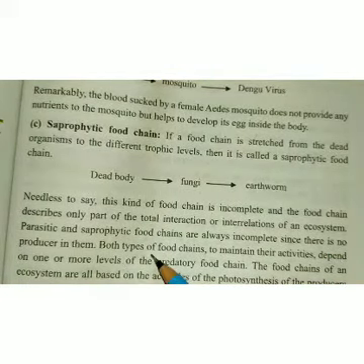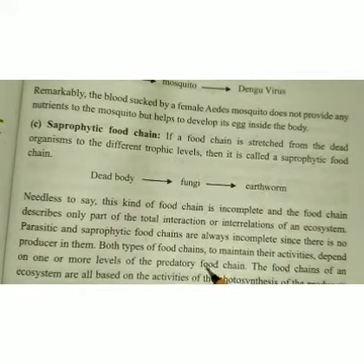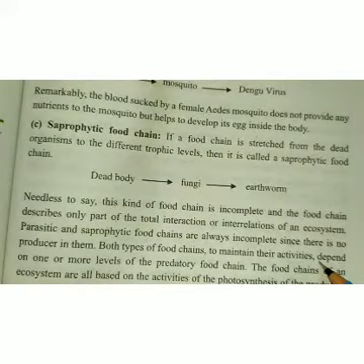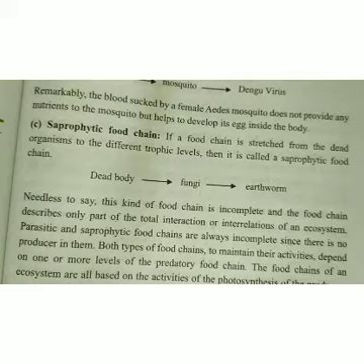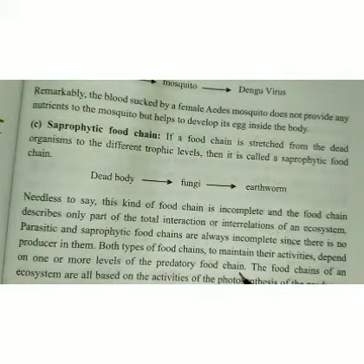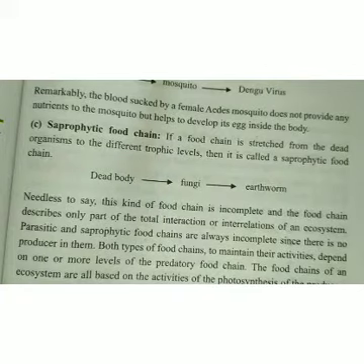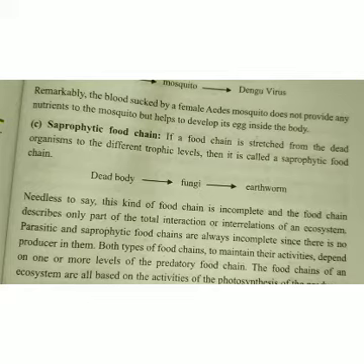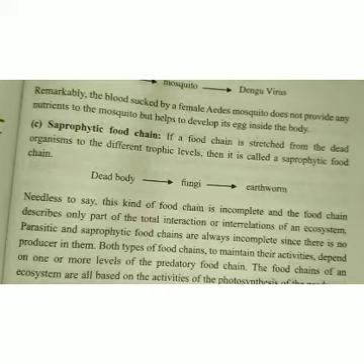Both types of food chains, to maintain their activities, depend on one or more levels of the predatory food chain. The food chains of an ecosystem are all based on the photosynthesis of the producers, and the producers are green plants.